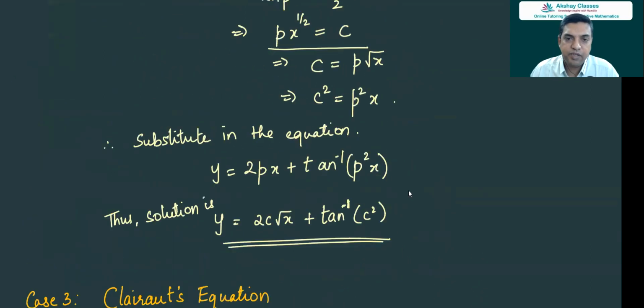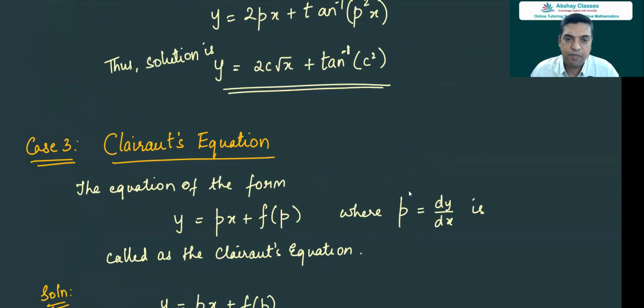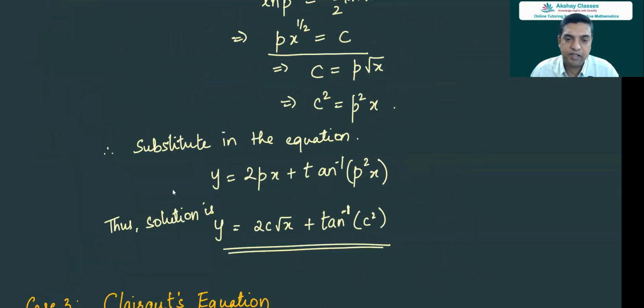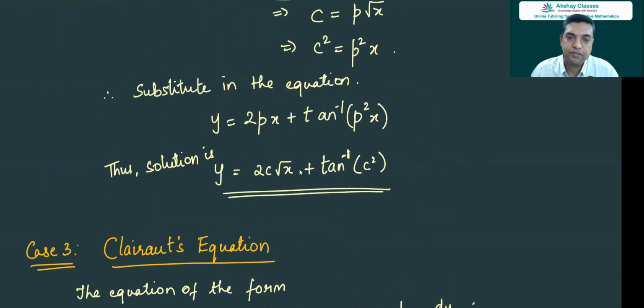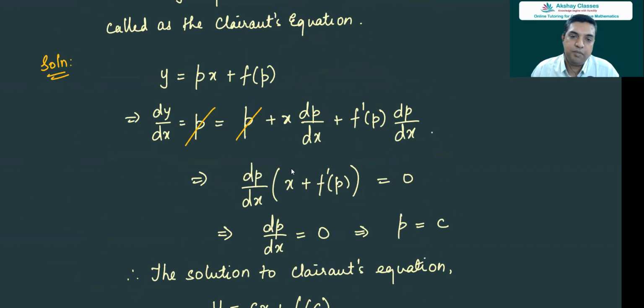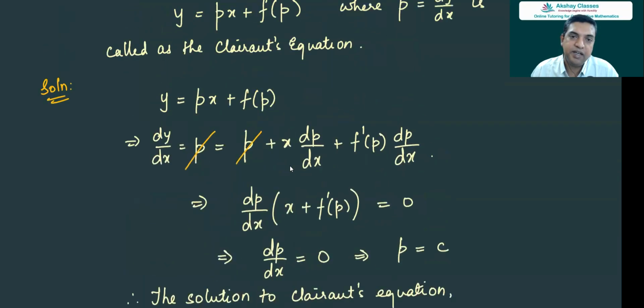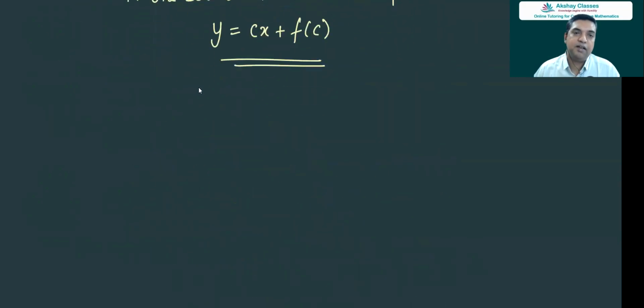Let's go back to the previous problem. This is y equal to 2px. Little complication was there. It was not directly Clairaut's equation. But Clairaut's equation is y equal to px plus f of p. So example.